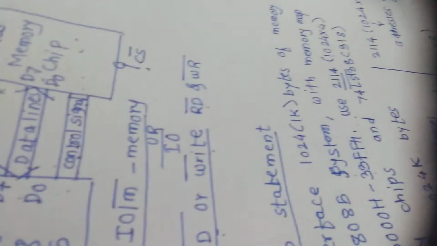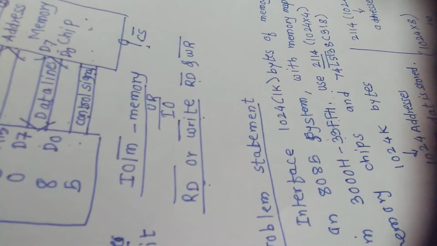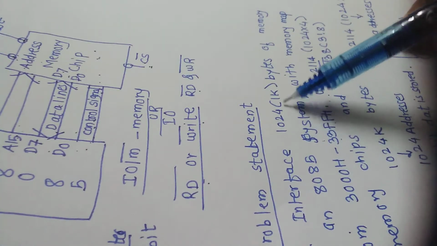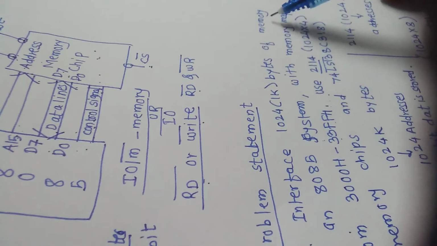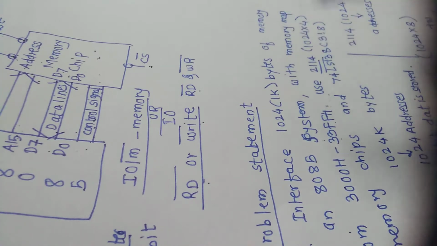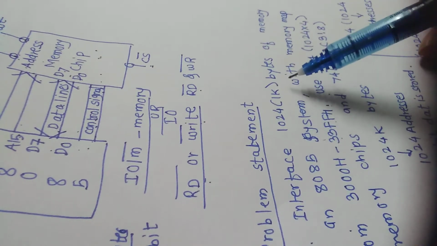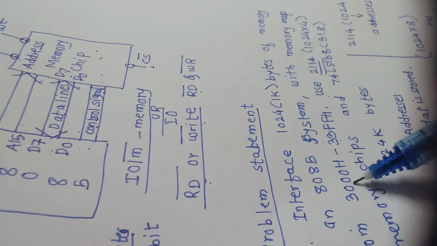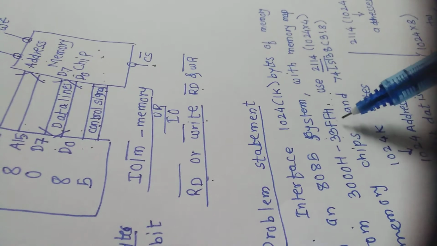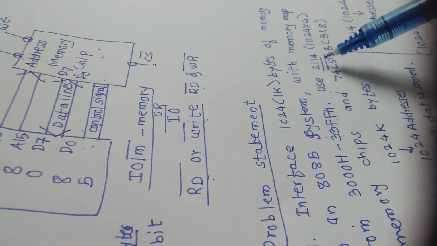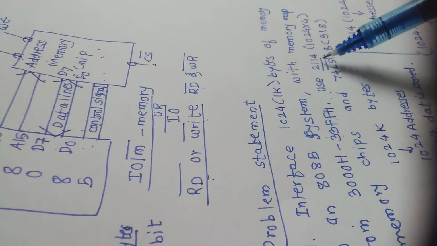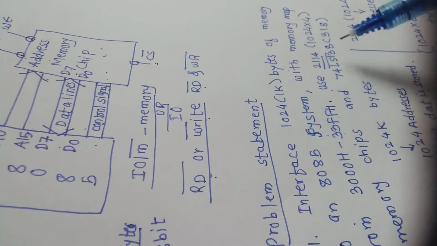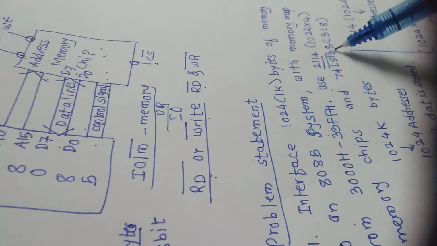One problem statement is given to you: interface 1024 bytes of memory to an 8085 system with memory map from 3000H to 33FFH. Use 2114 memory chips and a 3:8 decoder.